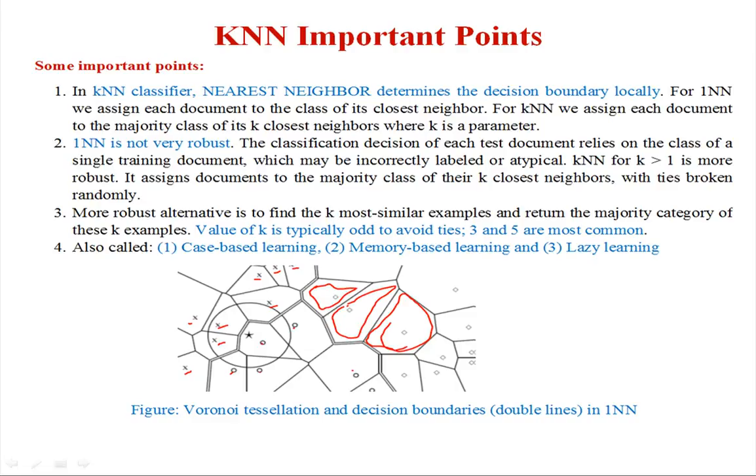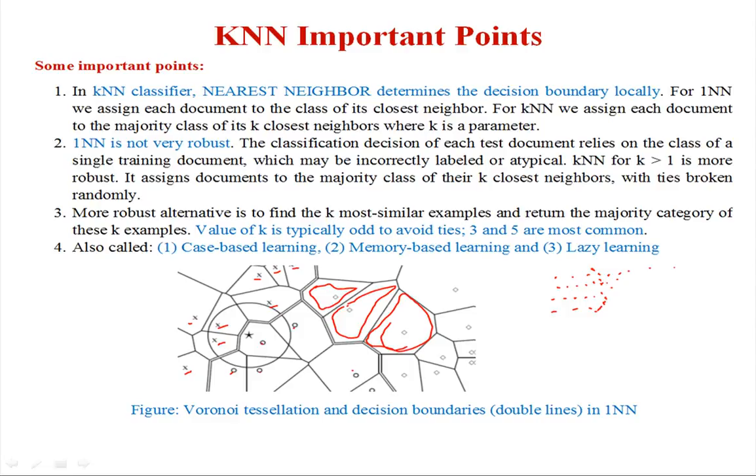But one nearest neighbor is not very robust. It is very prone to noise related errors. For example, suppose this is a class. This is a properly defined class. Now these are the noisy points.